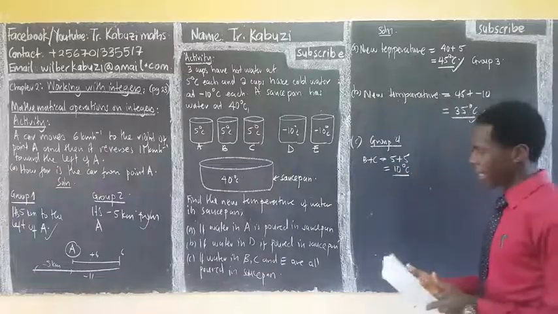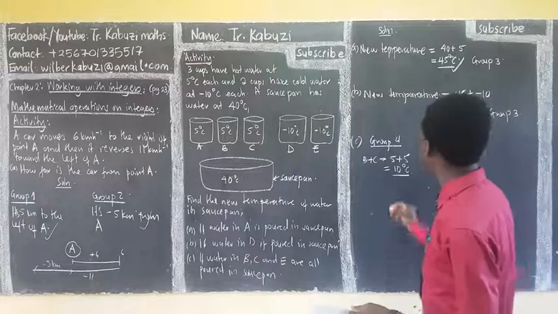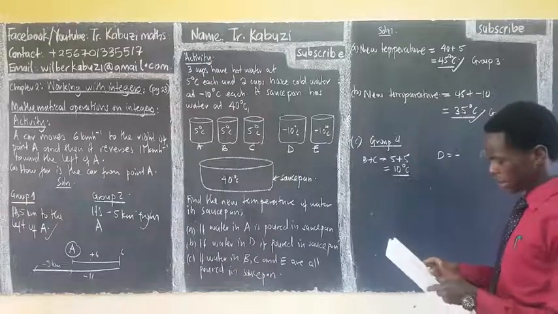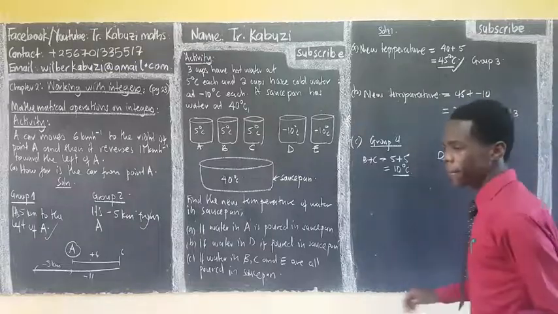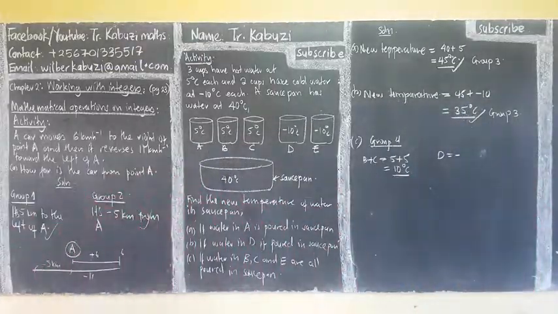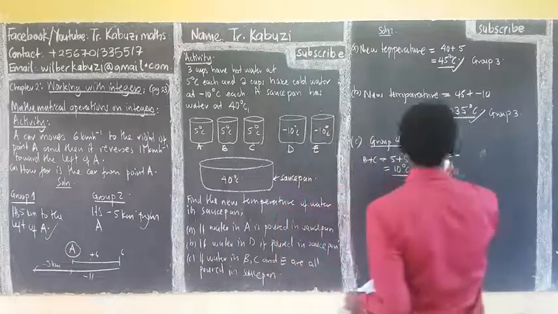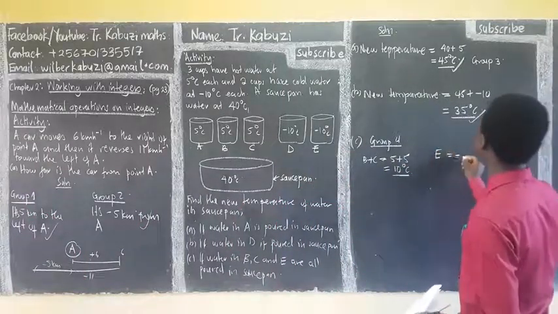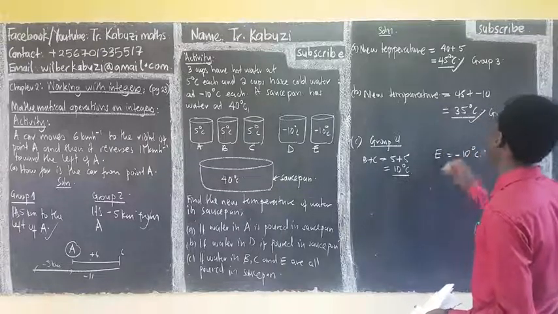And then they say D is having negative, is it D? They are saying E. Then they are saying E is having negative 10 degrees Celsius.